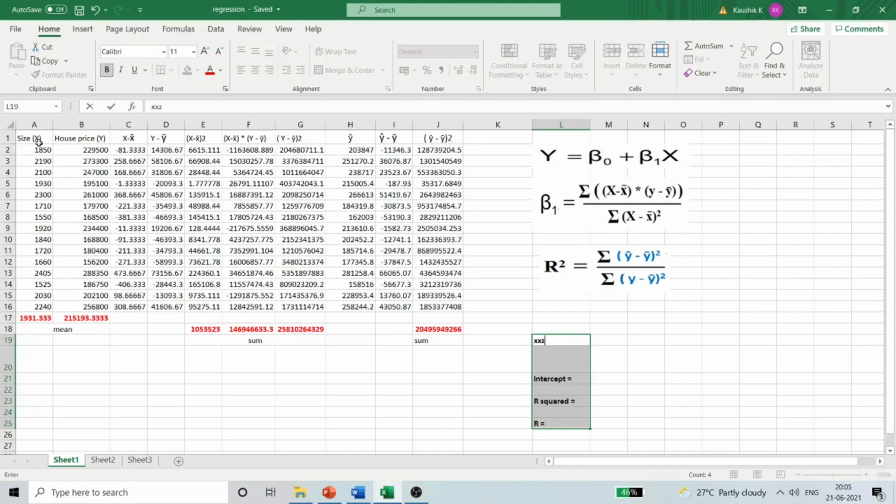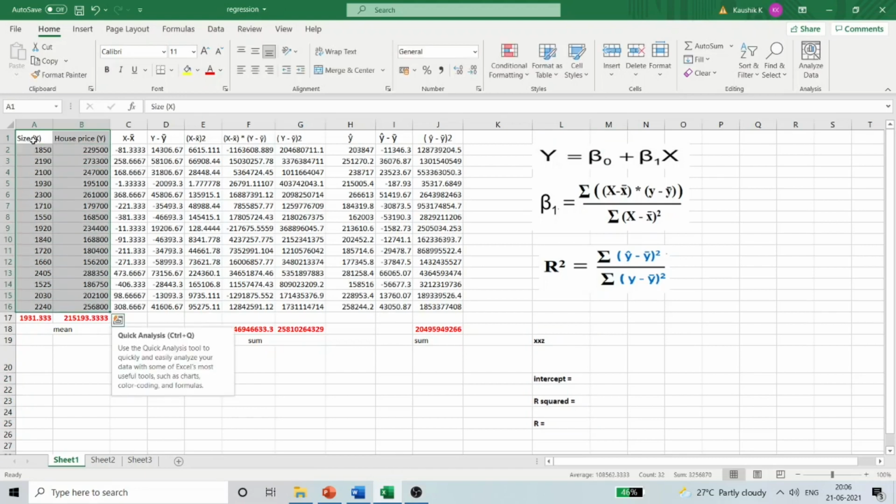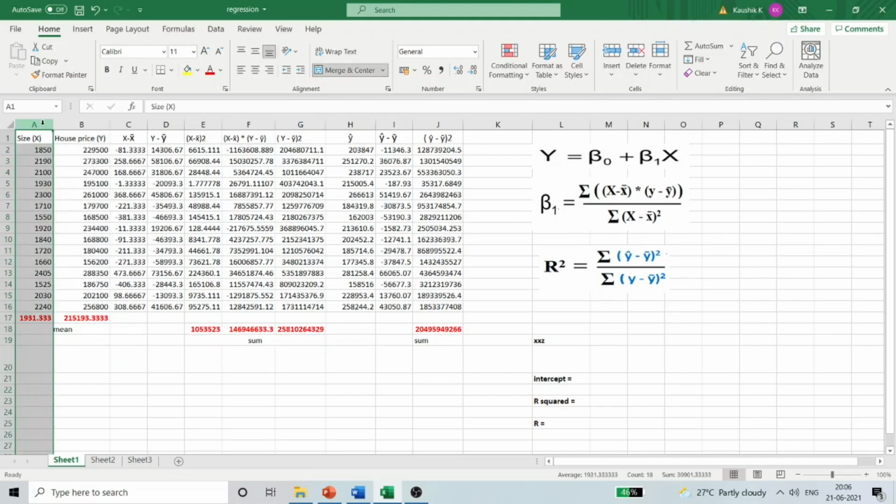For the problem we have just seen, I have the solution here in my Excel. So this is x and y, the independent variable and the dependent variable. This is the independent variable, size, and this is the one we have to predict.